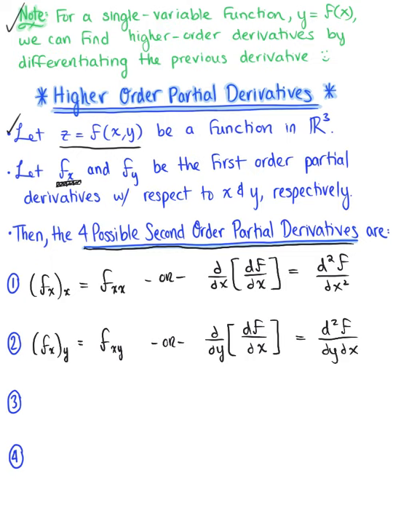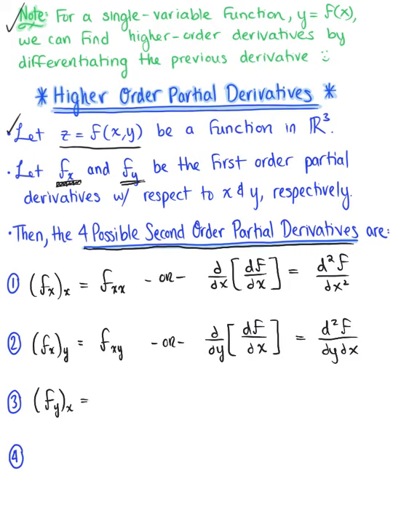Now that's the second order partials for the first order partial with respect to x, but don't forget we have the first order partial with respect to y. So we have two more second order partial derivatives here. Again, let's say that we have the first order partial derivative of the function with respect to y, and we want to differentiate now with respect to x.